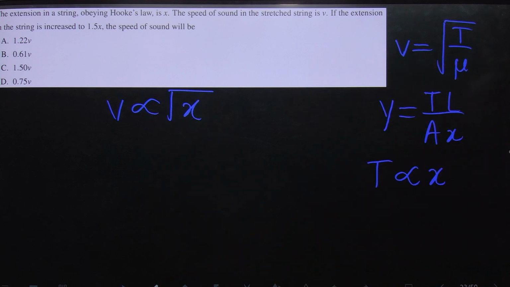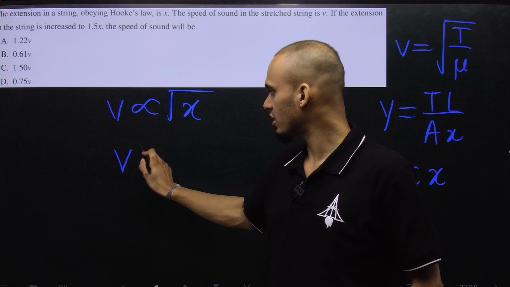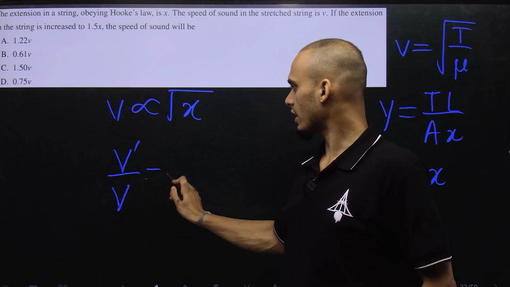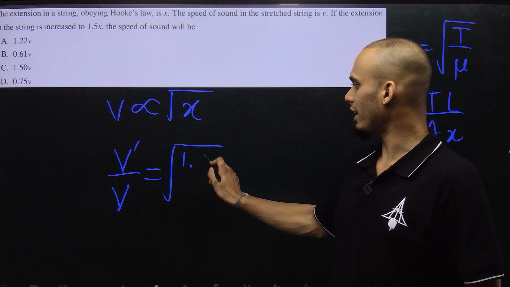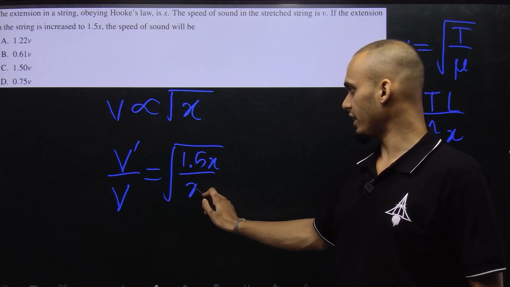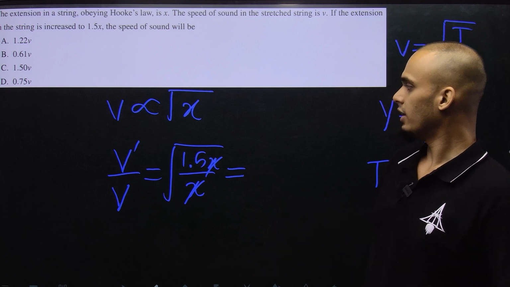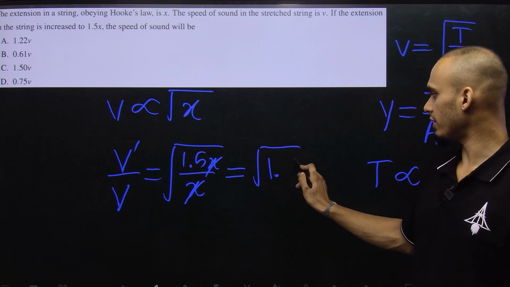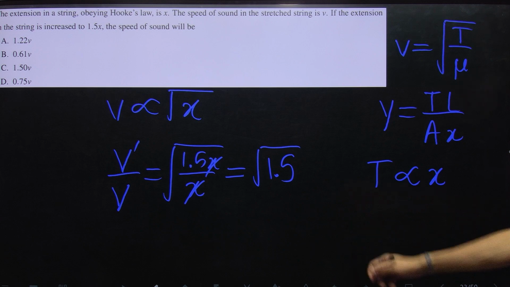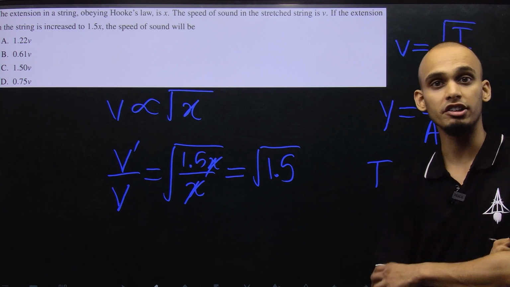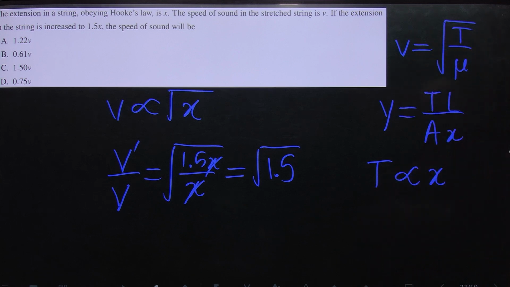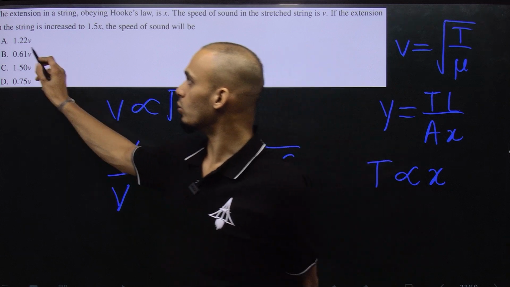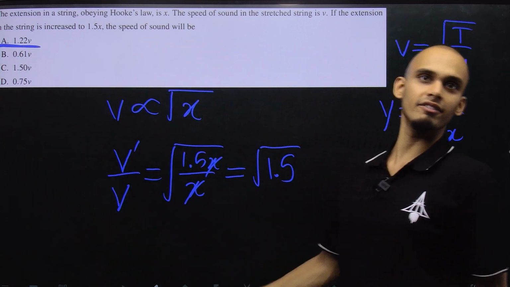Since we know that extension is x for velocity v, we can write the ratio of velocity v dash upon v as square root of 1.5x upon x, x will get cancelled, and the ratio will be square root of 1.5. Again, using a calculator, you can solve for this square root of 1.5. This will be 3 by 2. So root 3 is 1.732, root 2 is 1.414. It will approximately be 1.22. 1.22 into velocity will be your answer.